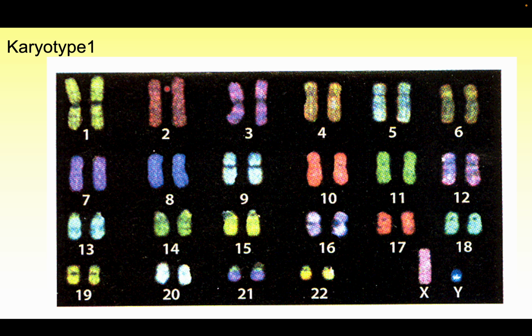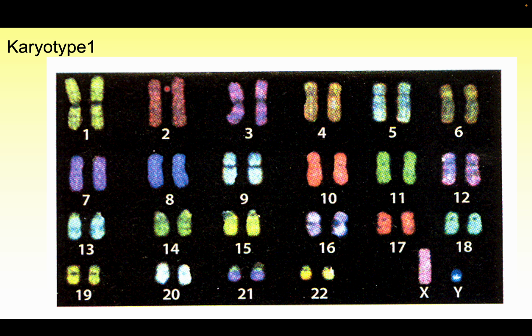I'd like to introduce the concept of karyotype, or karyotyping, which is a visual representation of the chromosomes of a cell. In this illustration, you can see the karyotype of the human species, Homo sapiens: 22 pairs of autosomes, chromosomes that are responsible primarily for non-sex contingent regulatory activities or elements.